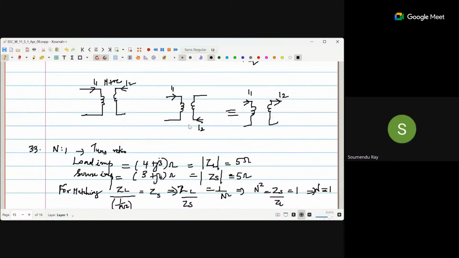Ma'am, in the graded question, there may be a mistake, or it may be that I'm doing it incorrectly. Question number 10 of week 11. I am getting R1 in the denominator.